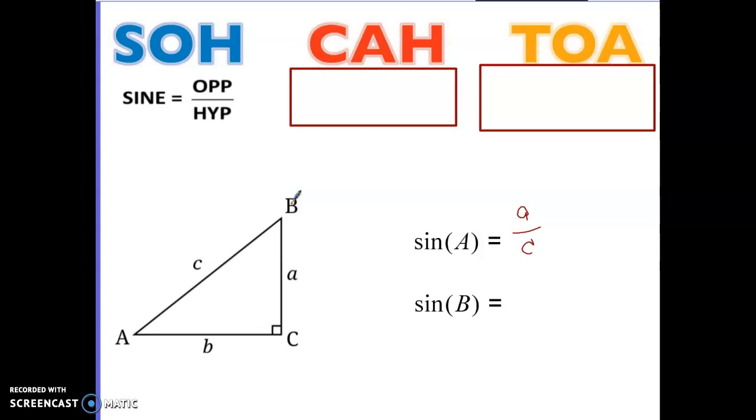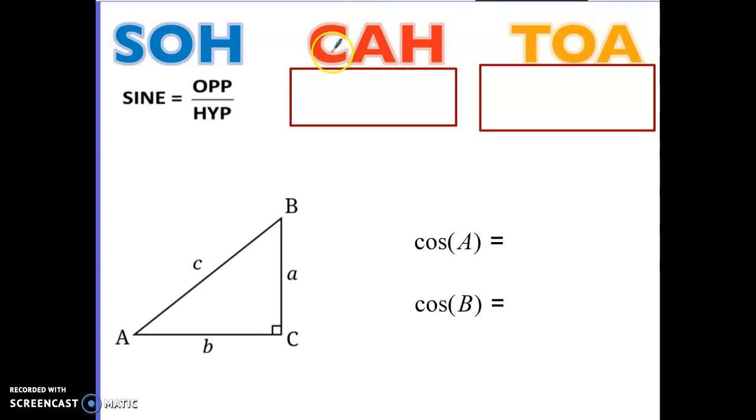And the same thing, the adjacent for B and the adjacent for A are not the same as each other. So when I look at angle B and I want to do the opposite, well, here it is over here. So opposite of that one is b, and the hypotenuse doesn't change. The hypotenuse is across from that right angle, so b over c.